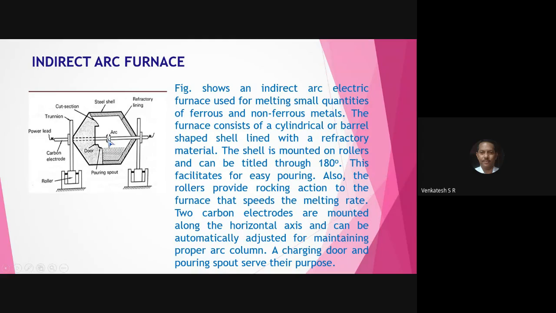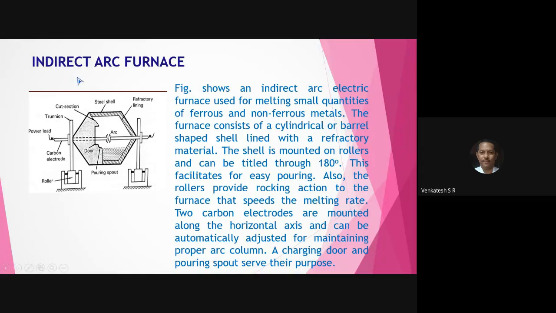Layer by layer, the carbon particles are removed due to the arc at the end of the electrode, so the gap between the electrodes becomes larger. For that reason, the operator will adjust the gap in order to establish a continuous arc, so that the arc melts the steel charge present in the shell. So this is the principle of operation of the indirect arc furnace.